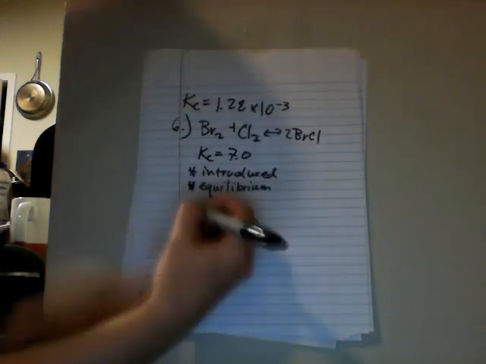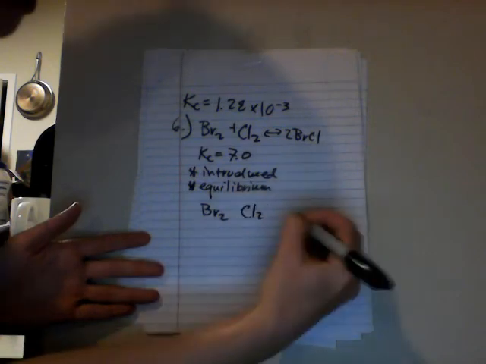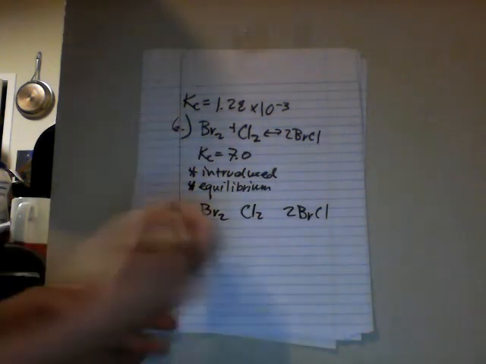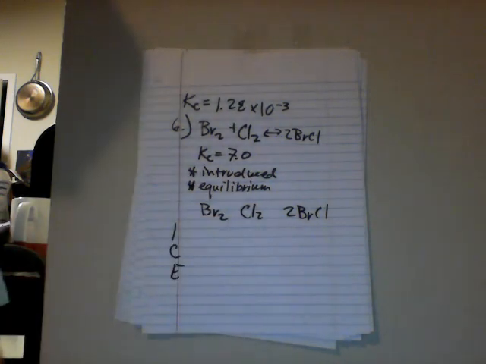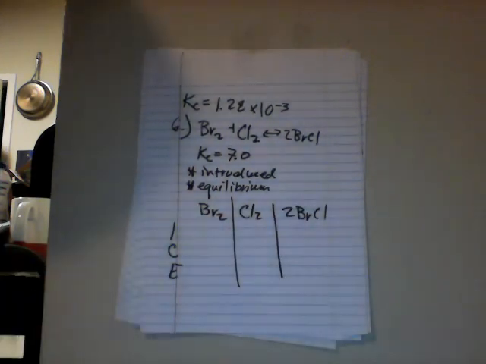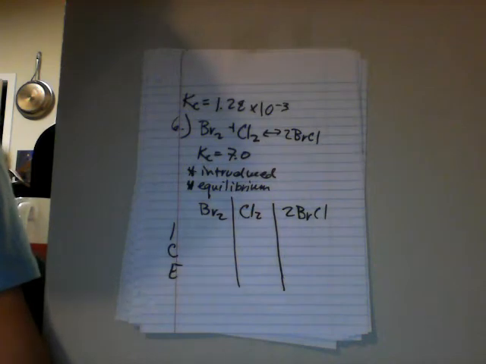So, for my ice chart, I'm going to say Br2, Cl2, 2 BrCl, right? And I'm going to say initial, change, equilibrium. Let me write these out like this so it's not confusing. Now it says I have this many moles in a 3 liter container.